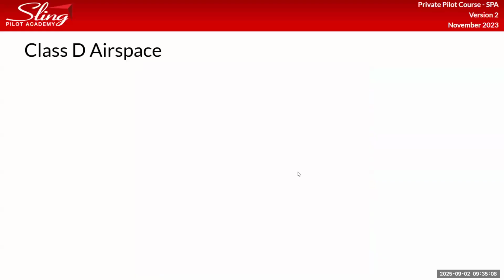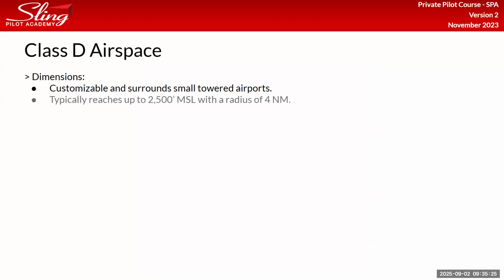Class Delta. Why do we want to know about Class Delta? Torrance is a Class Delta, right? Also customizable and surrounds smaller towered airports like Torrance. Typically reaches up to 2,500 MSL with a radius of 4 nautical miles.